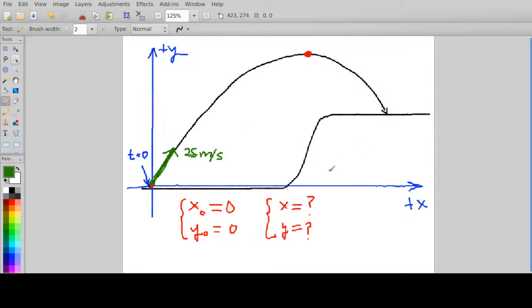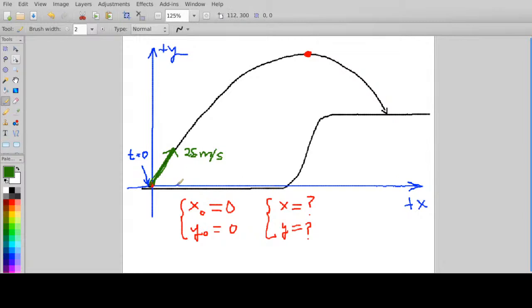I know there's a hill here, but if you're standing at ground level and you look out to where the sky meets the earth at a far distance, that's your horizon. And that would actually define your x-axis. So the x-axis is basically the line of sight from where I'm standing out to the horizon.